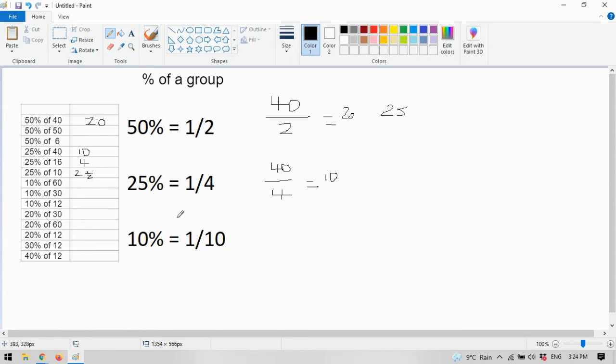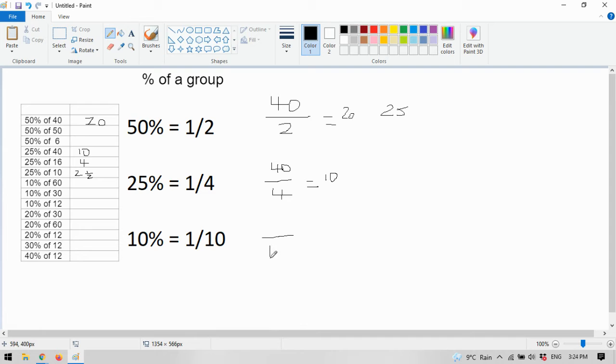Okay. Now this is probably, I don't even think it's tricky, but it might be the trickiest because it's new. So 10% of something is the same as a tenth. So let's think about this. If I divide something by 10, it's the same as me jumping the decimal point 1 across to the left. So you probably already know what a tenth of 60 is, or what 60 divided by 10 is.